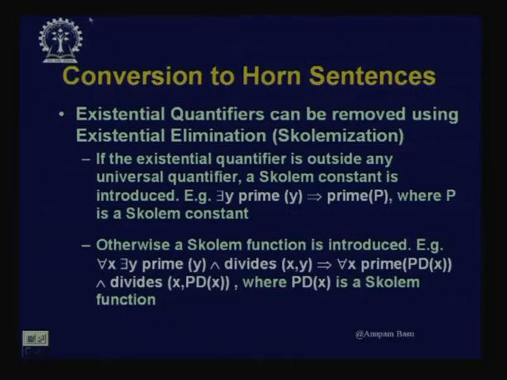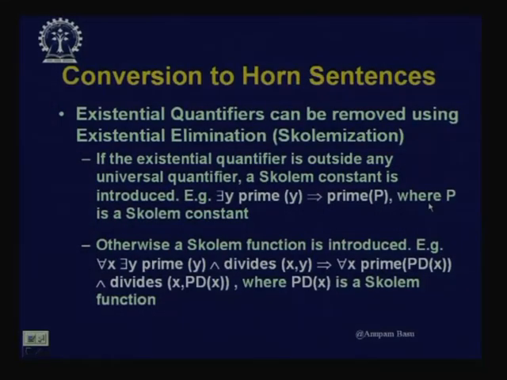If the existential quantifier is outside any universal quantifier, a Skolem constant is introduced. You know a Skolem constant? A Skolem constant is a particular constant that I find from the knowledge base and replace in place of that variable y, for example, which was quantified with there exists.